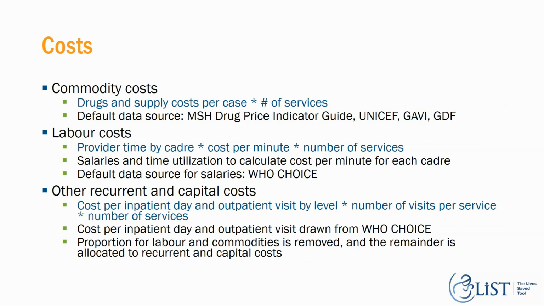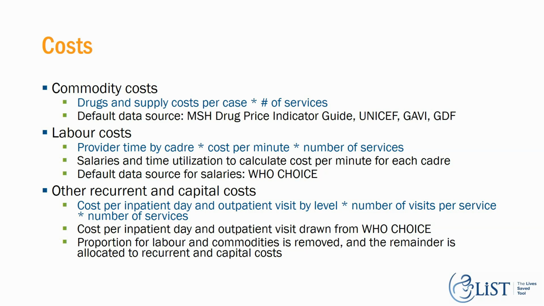And then in order to actually calculate the cost itself, for the commodities, we're multiplying that cost that we calculated for the drugs and supplies, cost per case, times the number of services, so then times the number of cases that we will need to deliver this intervention. And then in the software, our default data is coming from MSH, Drug Price Indicator Guide, UNICEF, Gavi, GDF.